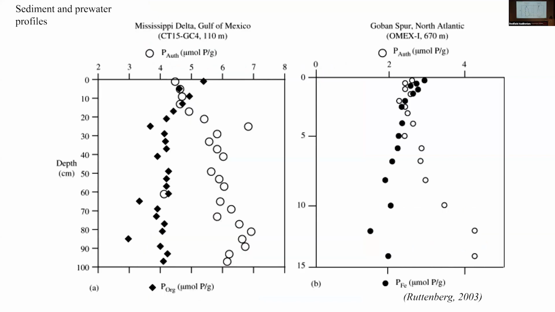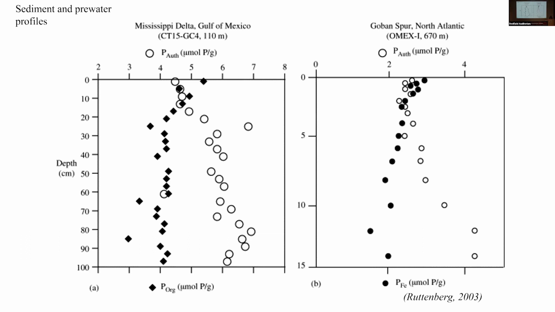And you can see that in the open ocean profiles here, where you have organic, again, you see this switching or this buildup of this authigenic phosphorus precipitate, which are the open circles. And then you also have a profile here from the Mississippi Delta.